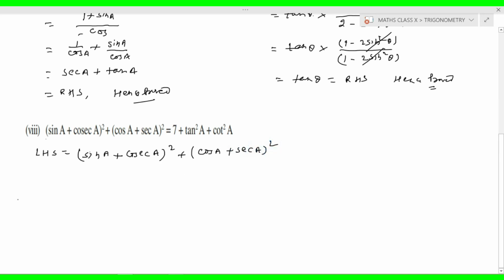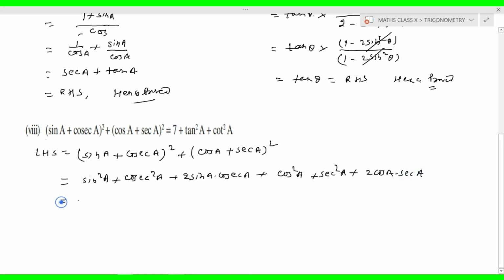So simply remove the square sign, square sign means split in the form of A plus B whole square. You will get sin square A plus cosec square A plus 2 sin A into cosec A, and if you split the second one, you will get cos square A plus sec square A plus 2 cos A into sec A.